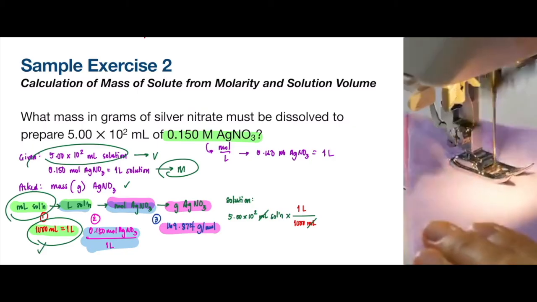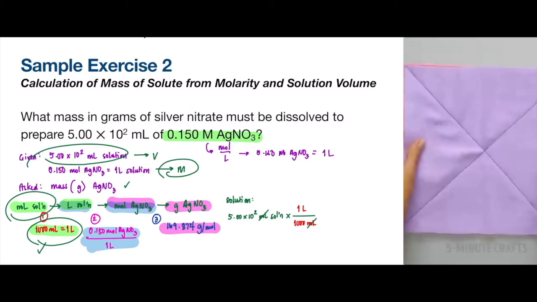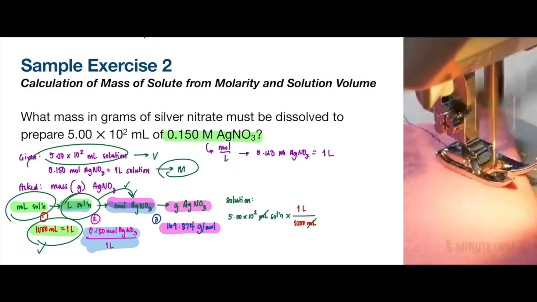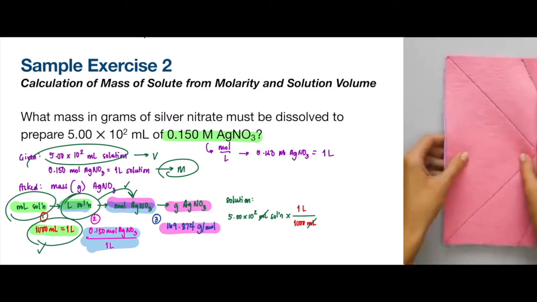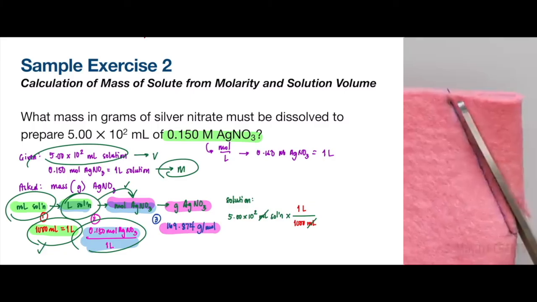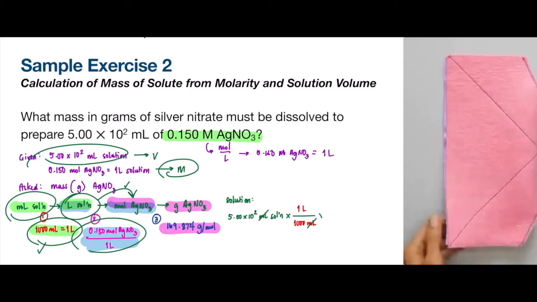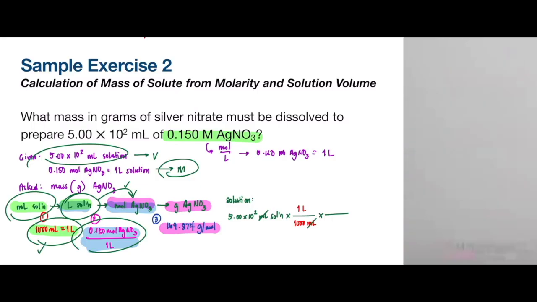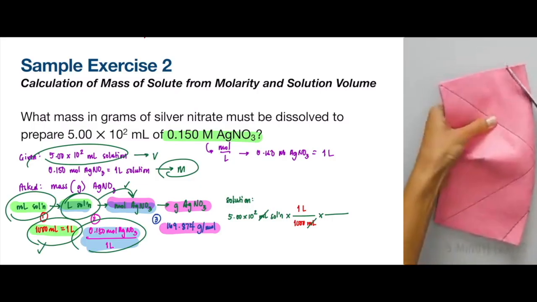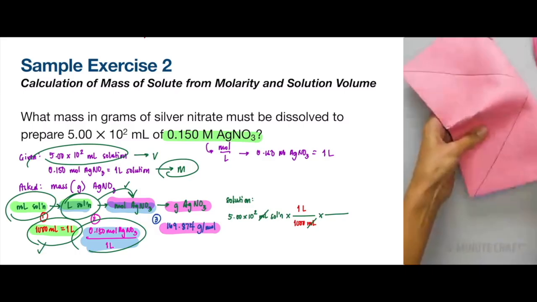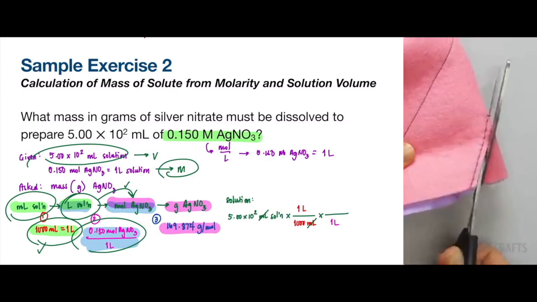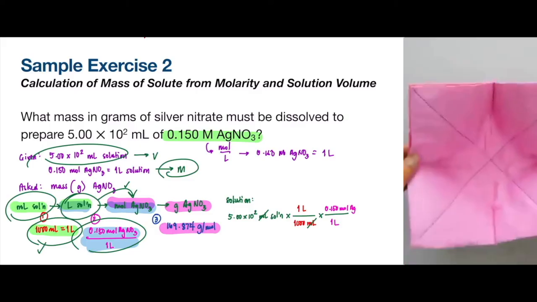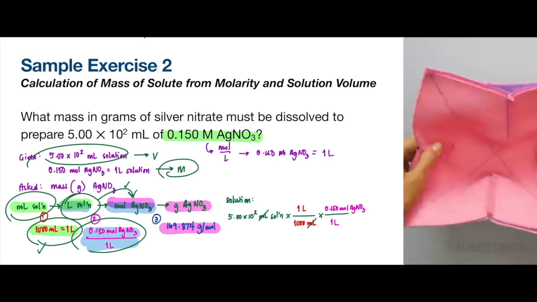For step 2, we must convert that liters of solution to moles of AgNO3. So we will use the conversion factor, which is the molarity of the solution. We will multiply this again into the conversion factor. Since the current given unit now is in liters, the quantity 1 liter will be in the denominator and 0.150 moles of AgNO3 will be in our numerator.